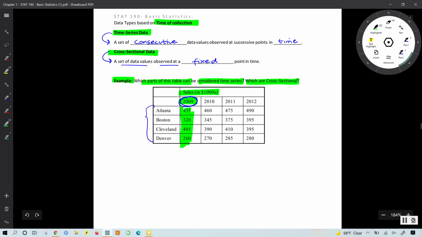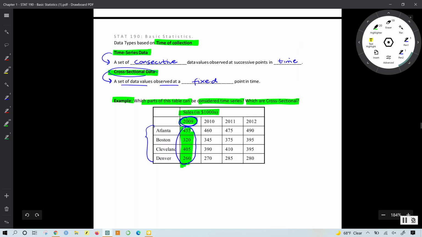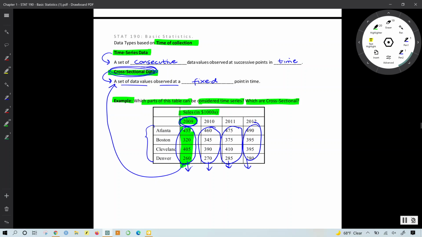So for this fixed point in time, this entire data set constitutes cross-sectional data. The same is true of this, and then this set, and then this set. It follows that each column of data is an example of cross-sectional data, which is a set of data values observed at a fixed point in time.